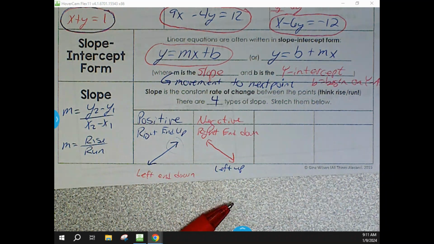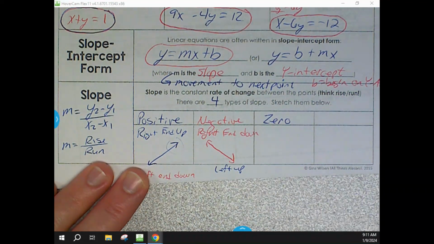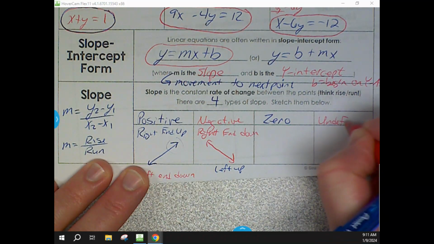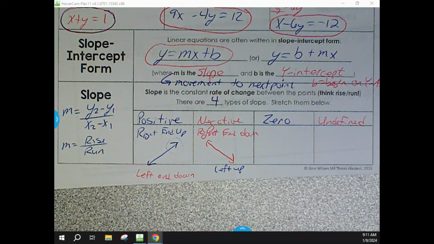Now here's where I go back to being in y'all's shoes when I remember doing this one. Because you have a zero slope and you have either what they call undefined or no slope. This is one of those things that I remember sitting in Algebra 2 going over, and I sort of got it good enough to go through the test.